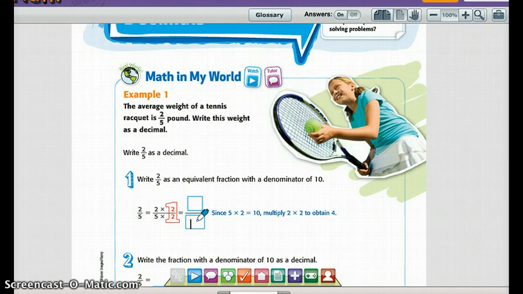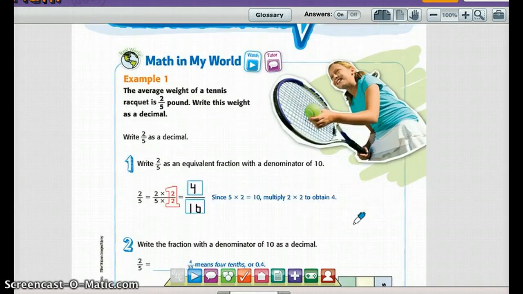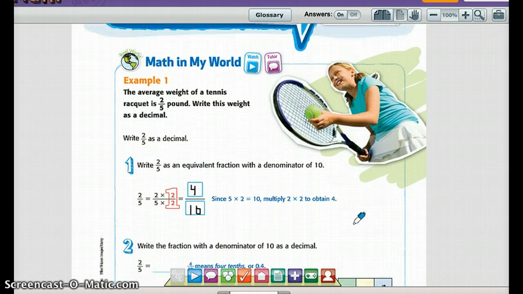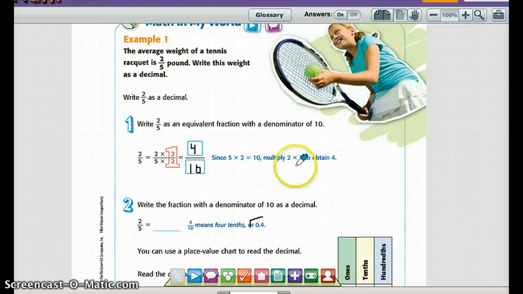So if you multiply numerator and denominator by 2, you would get 4/10. Well, you know that 4/10 can be written as a decimal. 4/10 down here. So that's one way you could do it, knowing that you can change it to an equivalent fraction.